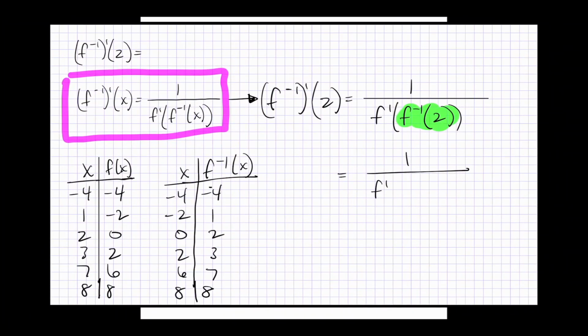That means for f's inverse, the table is going to be flip-flopped. All right. So now I need to find the green. When I plug in 2 to f's inverse, that guy is right here. So that means the green stuff is going to be equal to 3. Okay.